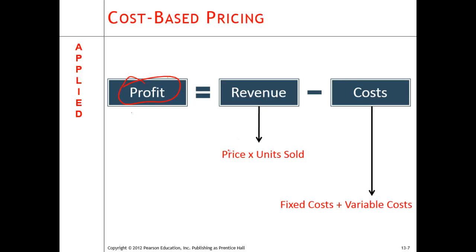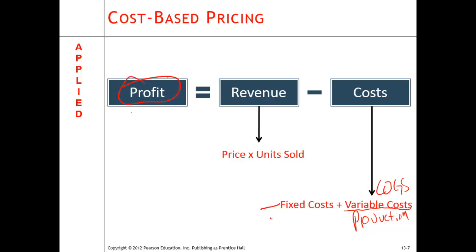Revenue is determined by taking the price of the different products that are produced and multiplying the price by the number of units sold. Costs are a combination of variable costs, which are the production cost or the cost to acquire the product, also known as your cost of goods sold or COGS, plus your fixed cost.